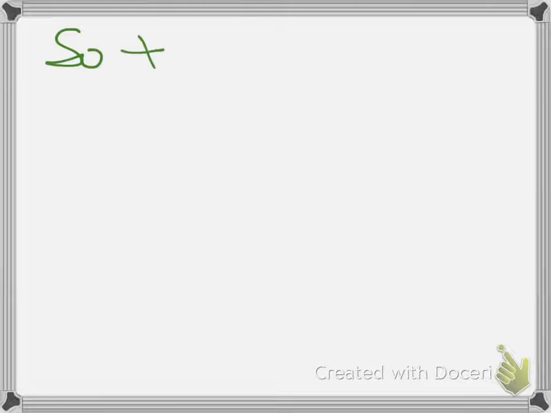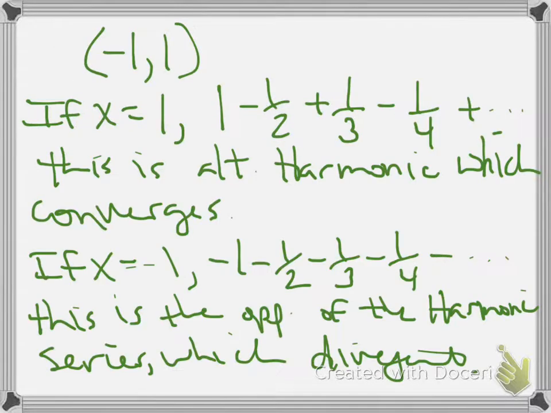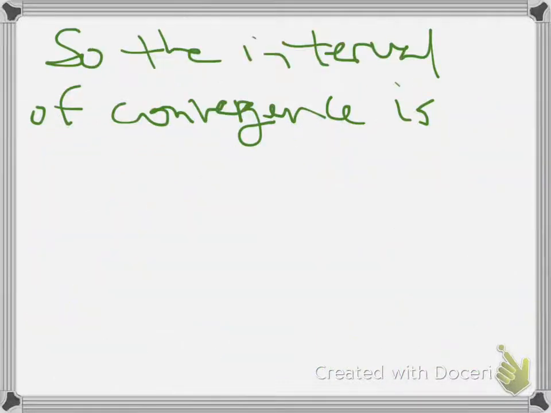So the interval of convergence, and my writing's a little sloppy here, I apologize. When I plugged in 1, it converged, and when I plugged in -1, it diverged. So the half open, half closed interval -1, 1. And this was also a 2-point question. I don't remember how they allocated the points, but it's a 2-point question.